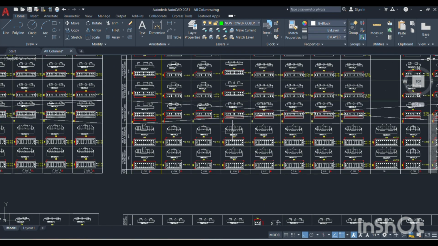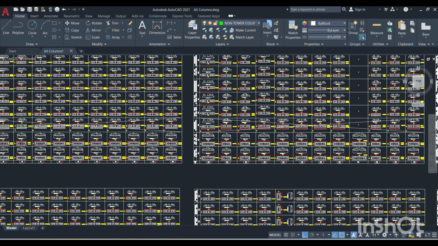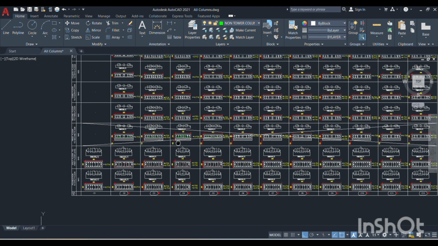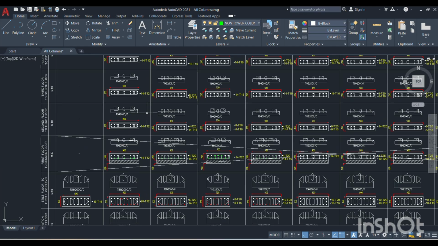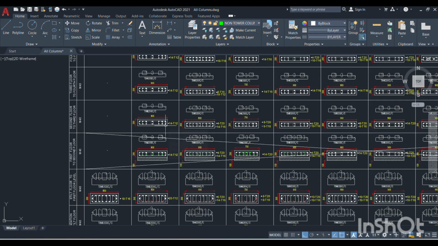If you are reading a hard copy, it is easy to tick the completed levels and go to the new levels. But since I am reading in the AutoCAD file, while zooming in and out it can get misread. That's why I am marking it.